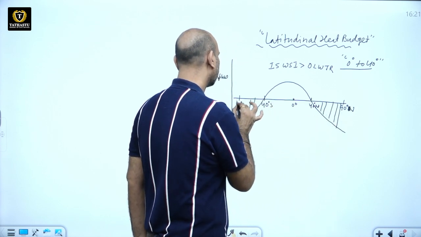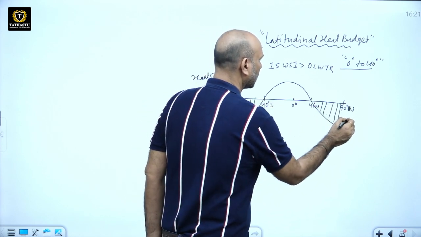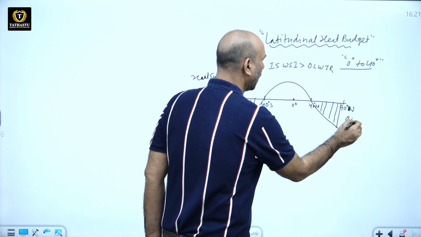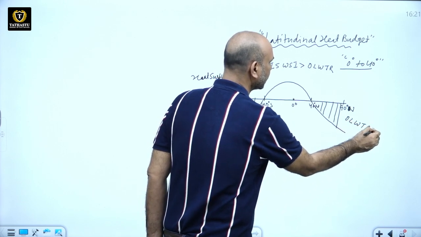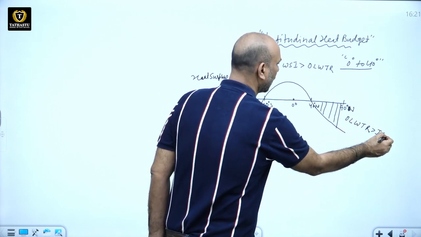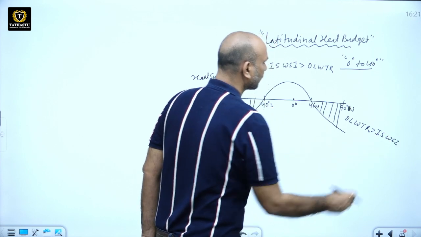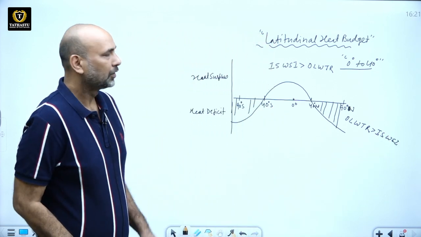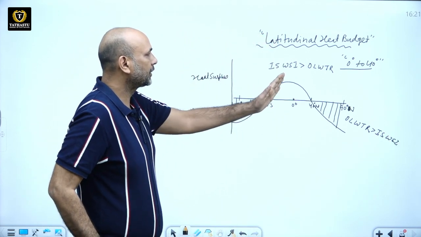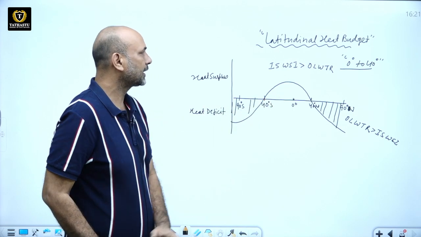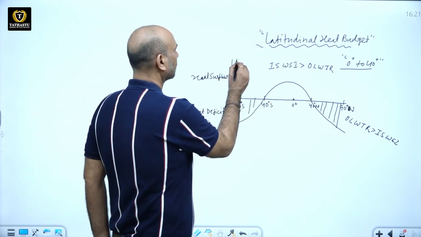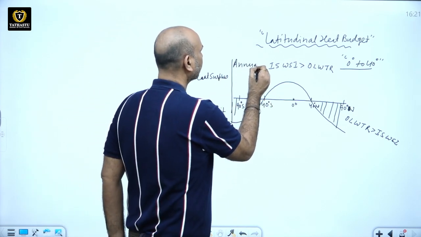Why? Outgoing long wave terrestrial radiation exceed incoming short wave solar insolation. So 0 to 40 degree north, 0 to 40 degree south, annual, of course time is annual.